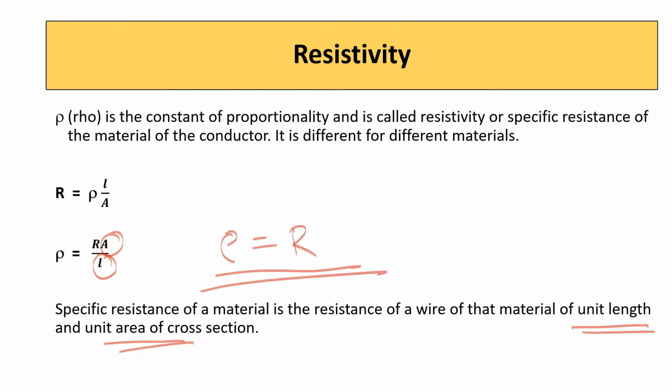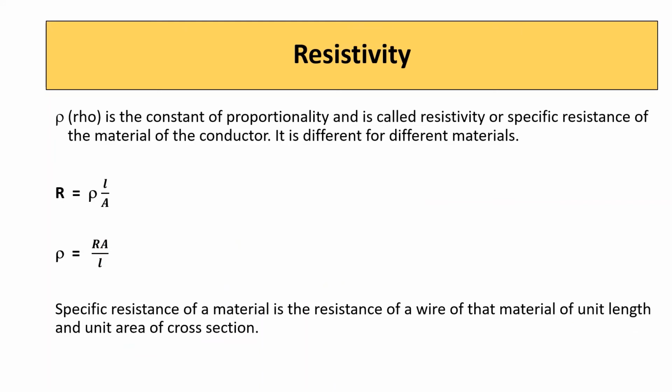Specific resistance of the material is the resistance of the wire of that material of unit length and unit area of cross section. What will be the SI unit for this rho? Rho is equal to RA by L. What is the unit of R resistance? It is ohm.